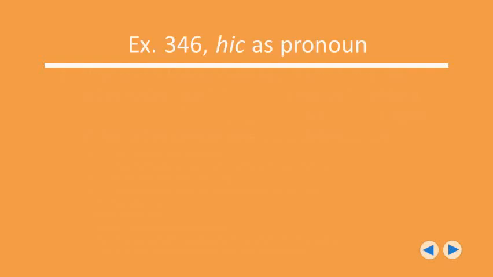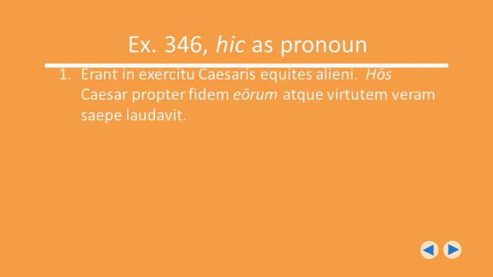All right, now let's take a look at exercise 346, and here hic as a pronoun, hic used absolutely without modifying a noun. So exercise number 1: erant in exercitu Caesaris equites alieni, hos Caesar propter fidem et virtutem verum saepe laudavit.